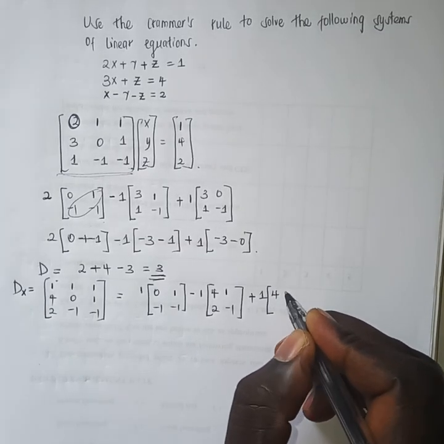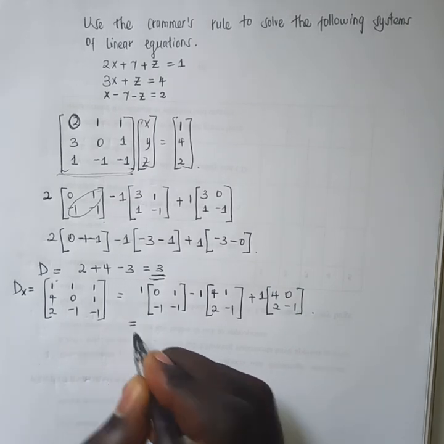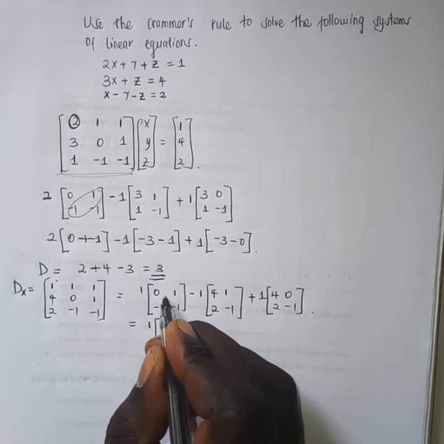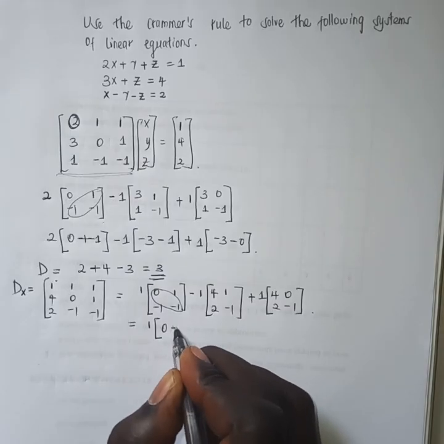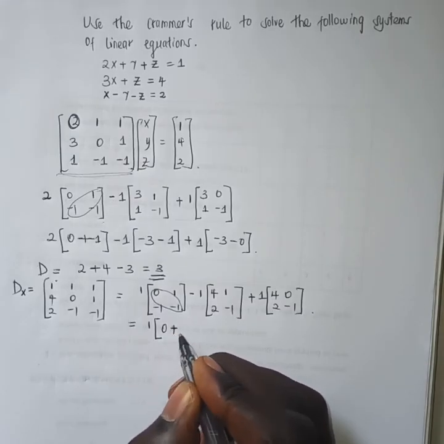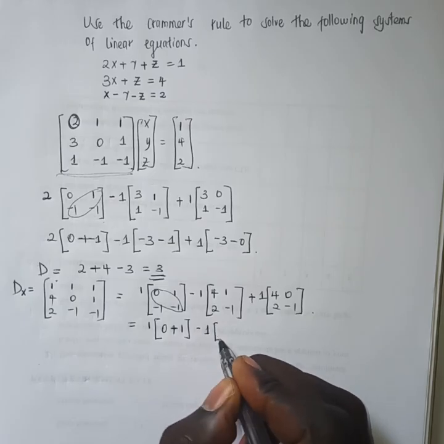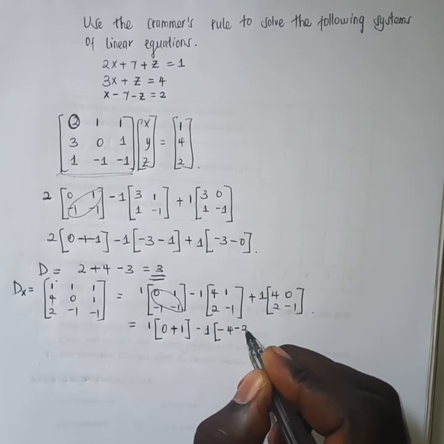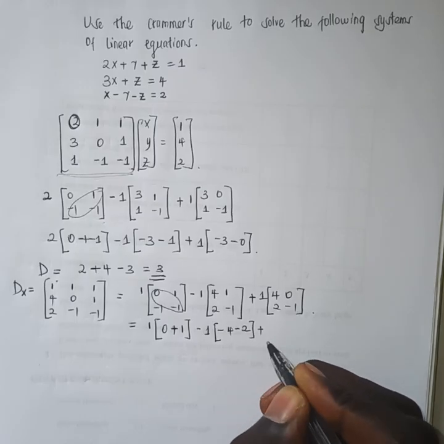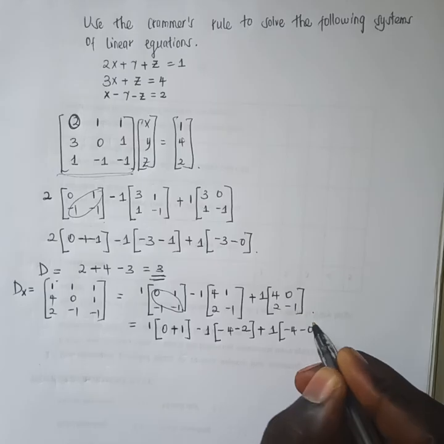4, 0, 2, -1. And this one is going to give us 1 into, this one is 0. So having 0 minus, so that one is plus 1 minus 1 into -4 minus 2 plus 1 into -4 minus 0.